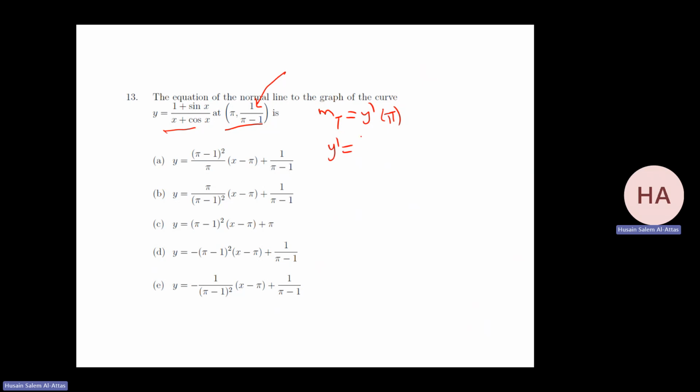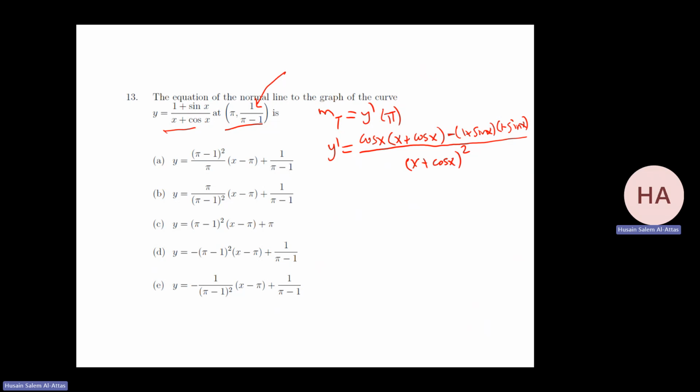I have the derivative of the numerator, cosine x, times the denominator, minus the derivative of the denominator times the numerator, over (x plus cosine x) all squared.